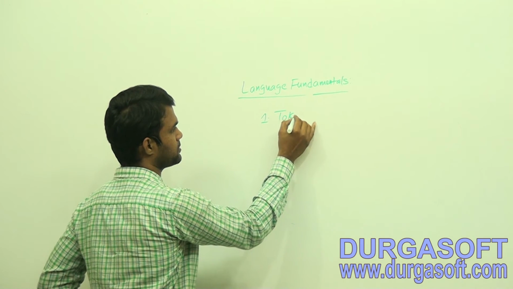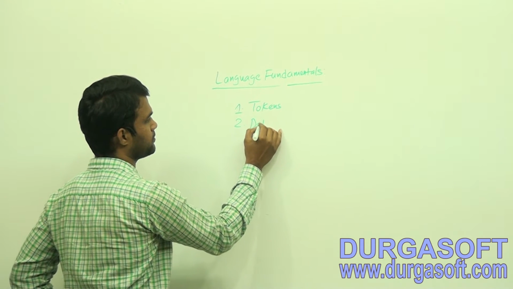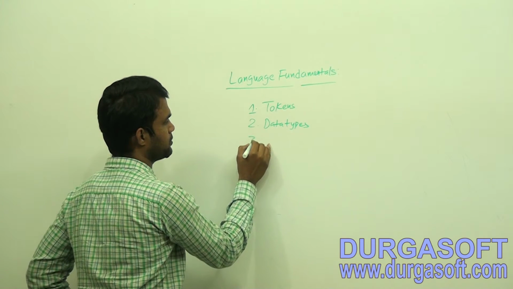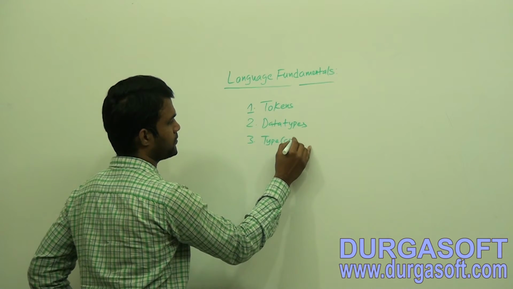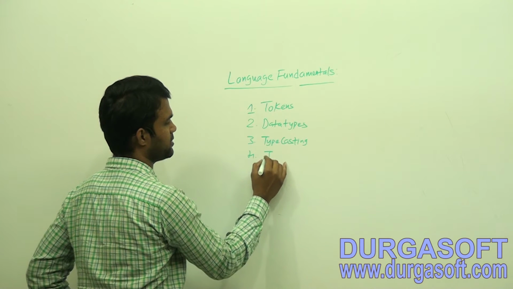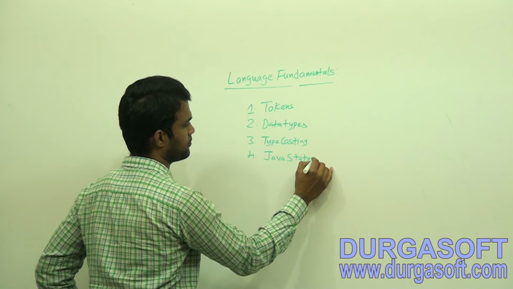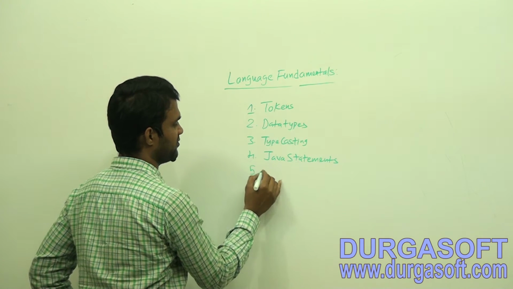One is tokens. Second one is data types. Third one is typecasting. Fourth one is Java statements. Fifth one is arrays.